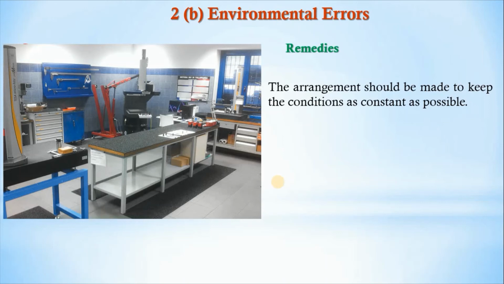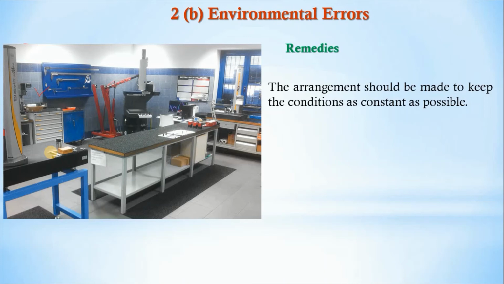Also we can use proper techniques so that we can handle the instruments properly. Here you can see the instruments are kept in perfect order. Here on the table there are no instruments, on the surface plate only objects are kept. So we have to keep all the things in a proper manner.